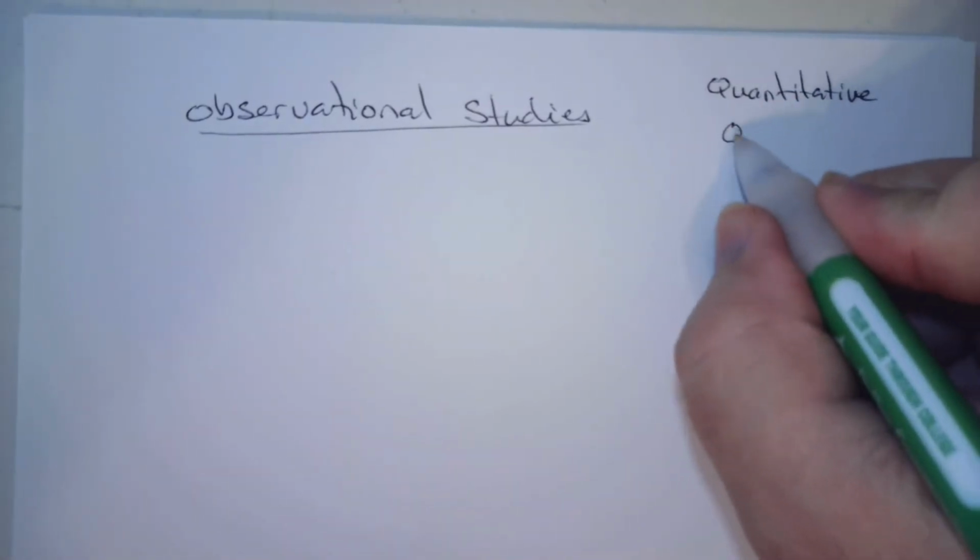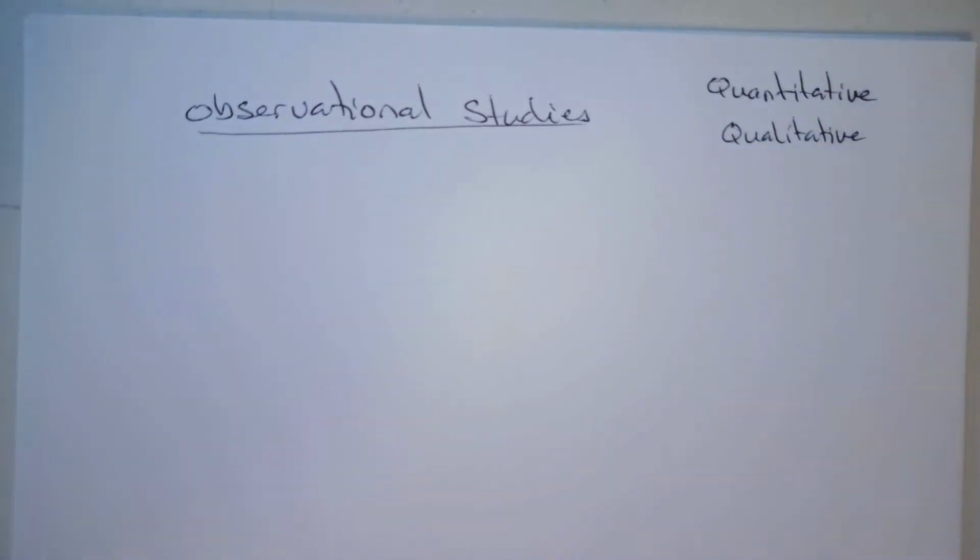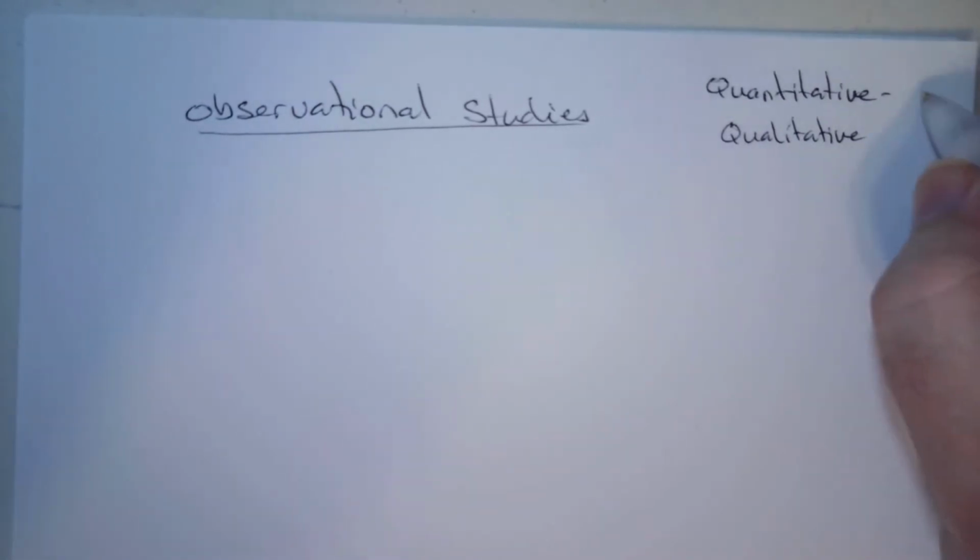The other one is qualitative. Quantitative, everything that you're studying can be brought down to numbers. There's surveys, test results, counting how many students are absent in a single day.